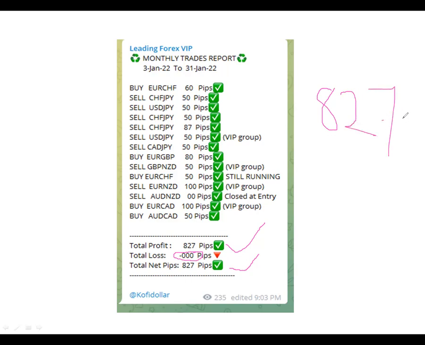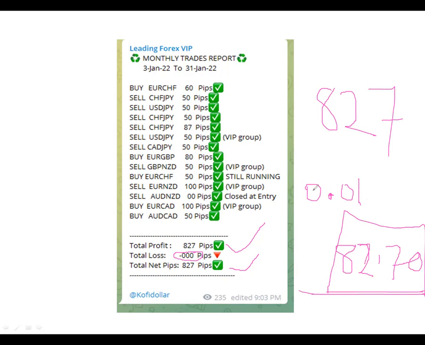827 in January. So assuming you use the lot size of 0.01 for all our signals, you would have made $82.70. So you would have made approximately $83.